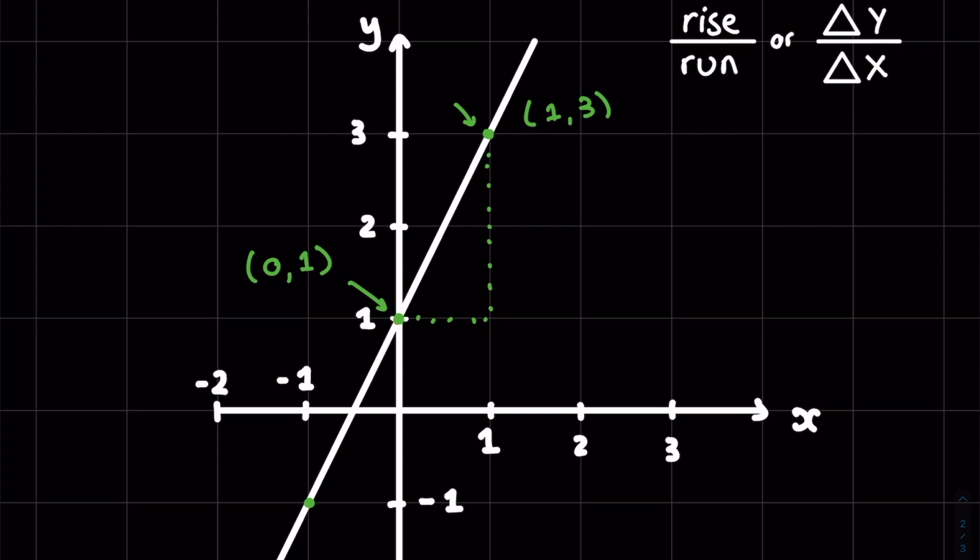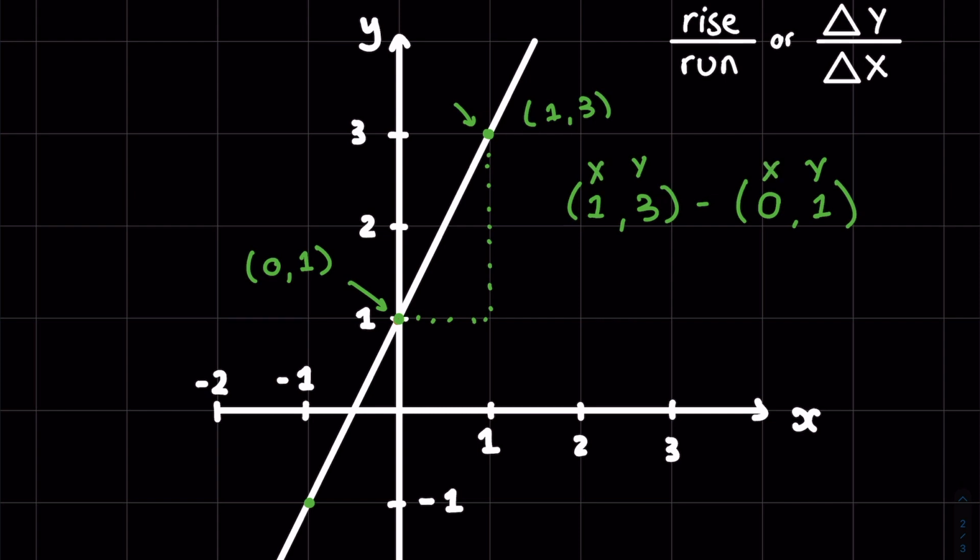And this is very important: we need to keep whatever we're finding the changes in very consistent, otherwise our calculations will be wrong. So we've got 1 and 3 minus our other coordinates, which is 0 and 1. These are our y coordinates, and we've got our x's there.